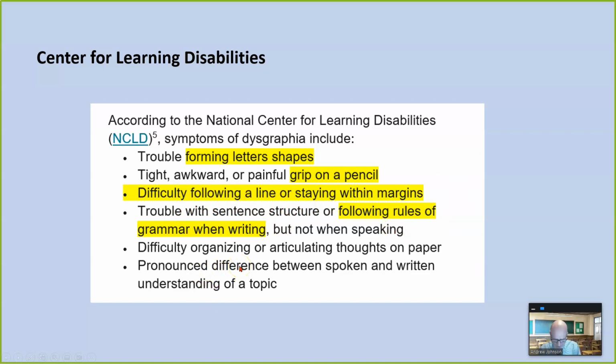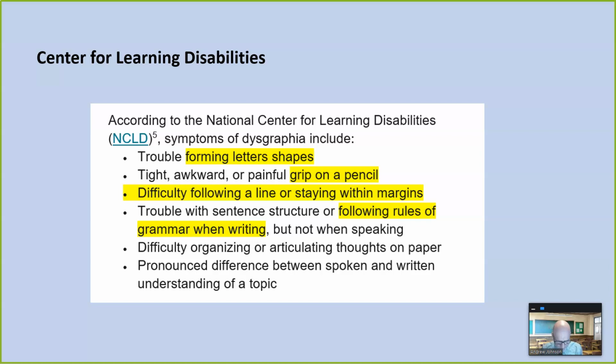To which I would say, pish posh. Forming letters, holding a pencil, staying within the margins, even rules of grammar, these can all be magically cured by a computer.